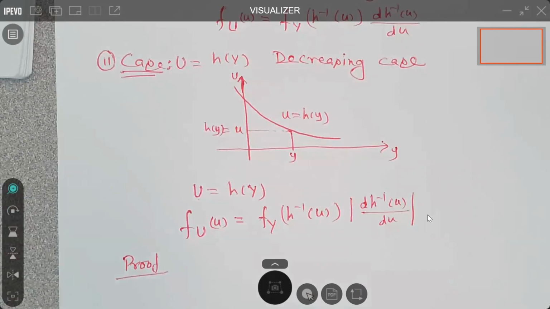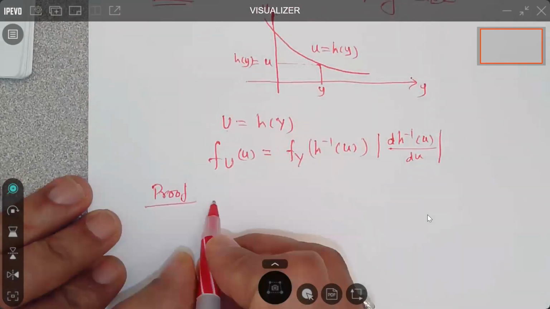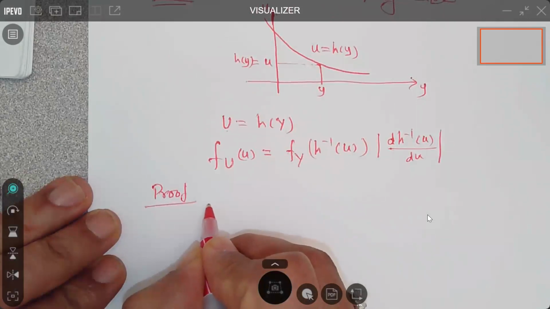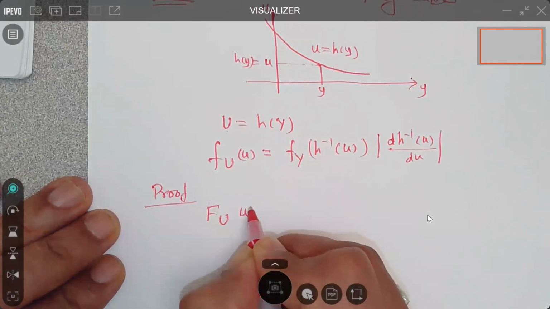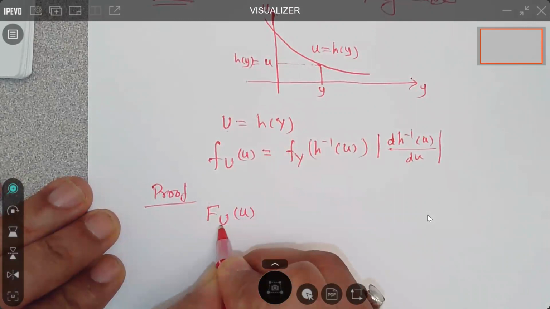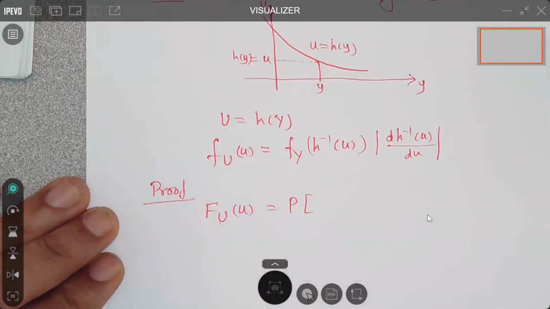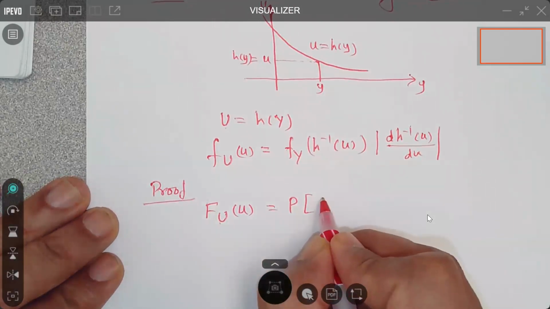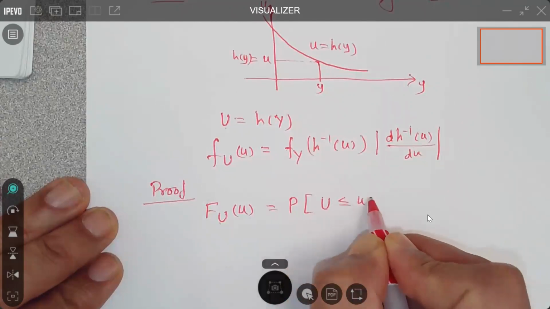Okay, now here we have, using the definition of cumulative distribution function, F_U(u) of random variable U equals the probability that random variable U is less than or equal to u.